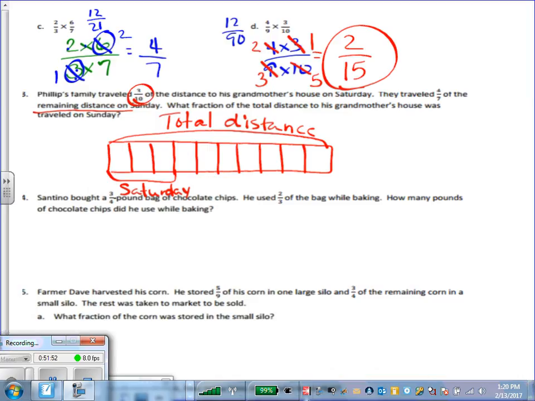So what am I going to do with that information, DeMarco? Like you did the Saturday, you do the same as before. So why do you think it's 4/7? Why am I only going to do 4?